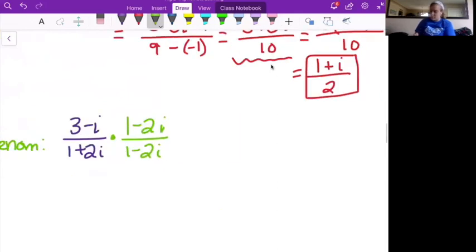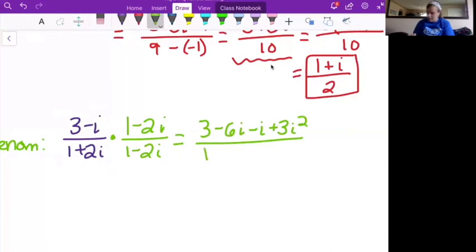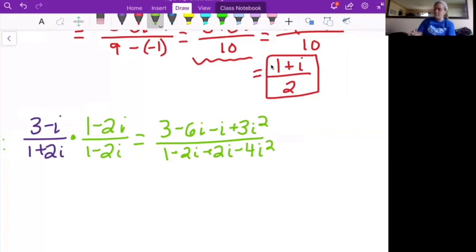So again, I'm going to do my distributive property. So this is going to be 3 minus 6i minus i plus 2i squared, over 1 minus 2i plus 2i minus 4i squared. And so again, i squared is negative 1.